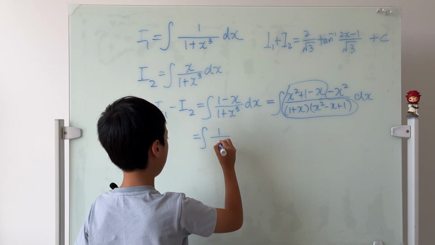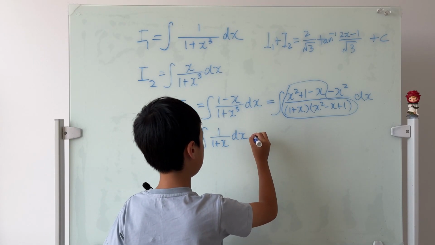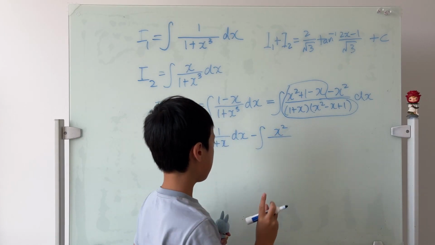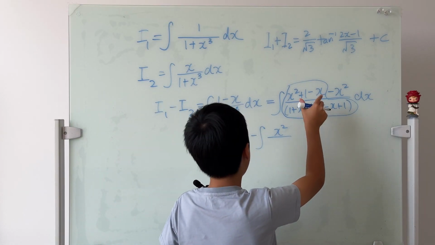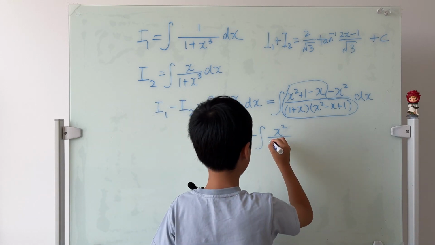So it's obviously 1 over 1 plus x dx. And then minus x squared over. There's one little trick here. When we do this, I will change it back to 1 plus x cubed. And I'll tell you why.